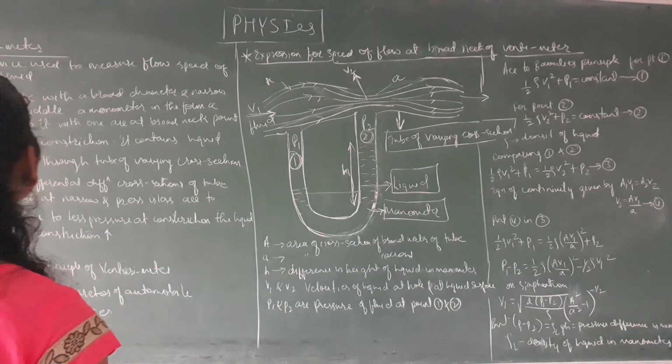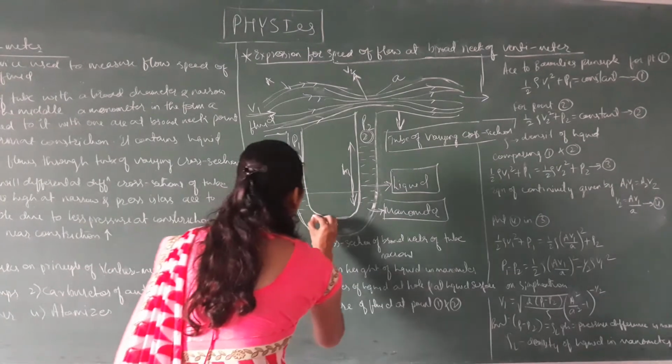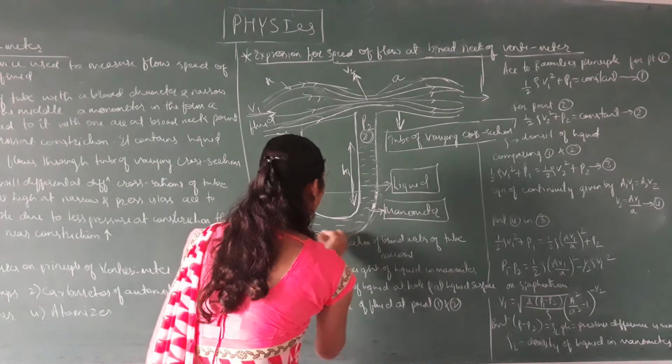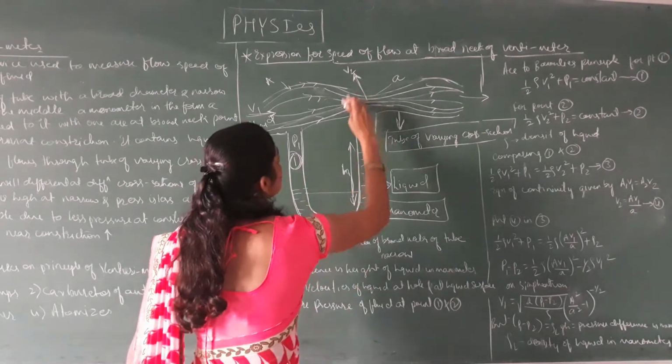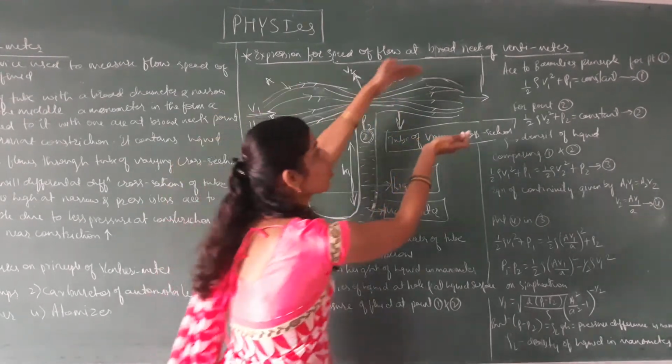It consists of a liquid. Here this is a narrow area and this is a broader area.